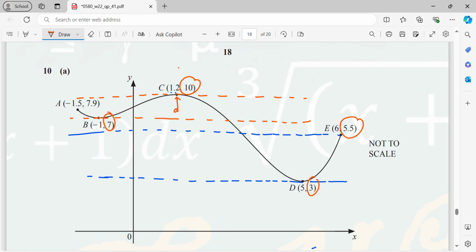Then you get the value of k. So it means that two solutions means that here you get two intersection points.